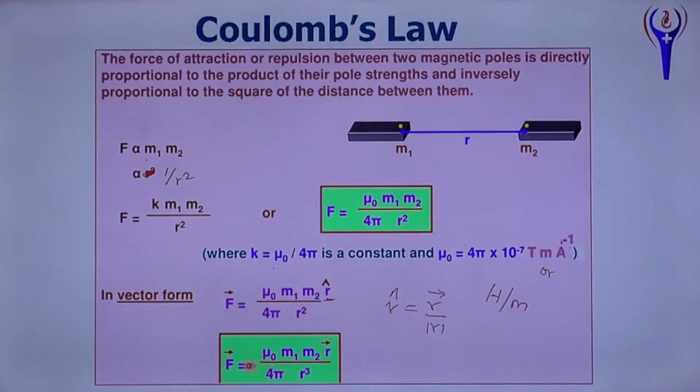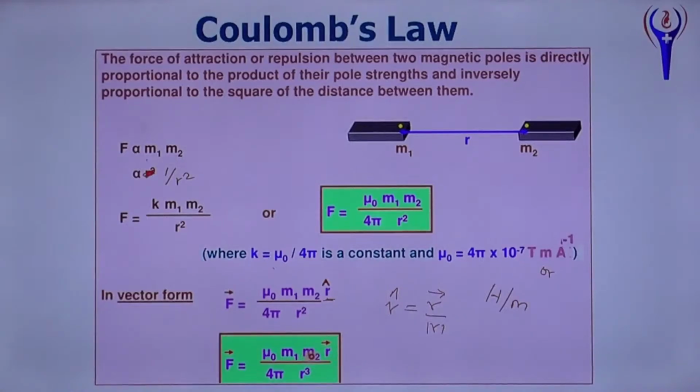So this is the formula for force, Coulomb's law in magnetostatics or magnetism. F equals mu naught by 4 pi into M1 into M2 into R vector by R cube.